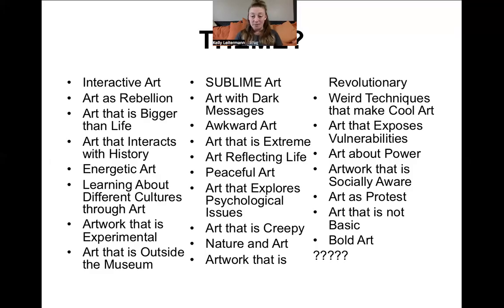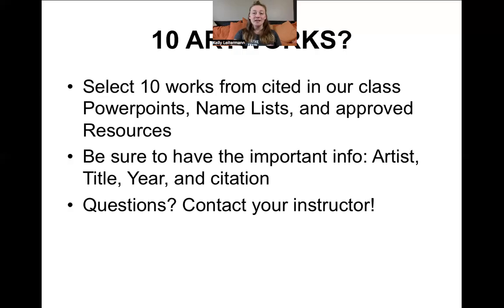So once you choose a theme, you are going to choose 10 pieces of artwork. And hopefully, you'll be able to go back through all of the PowerPoints or the name lists that we've used throughout the semester and choose your 10 artists from there. You can't choose all of them from the same section.